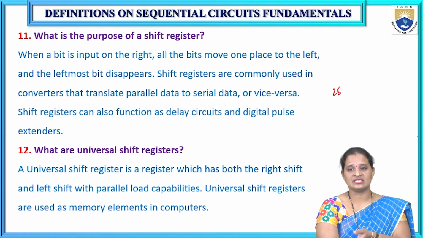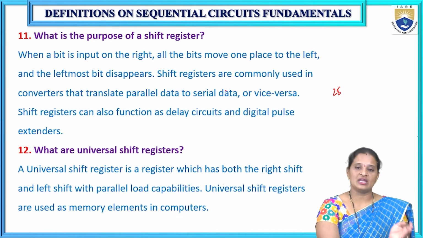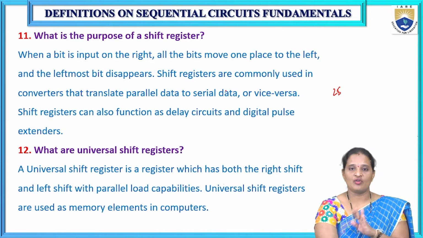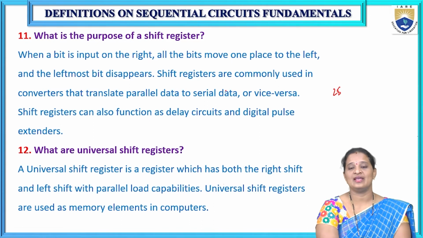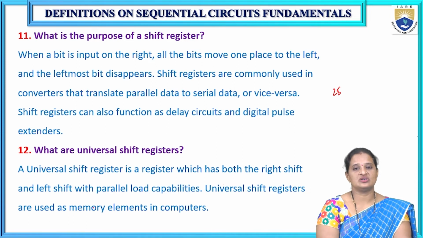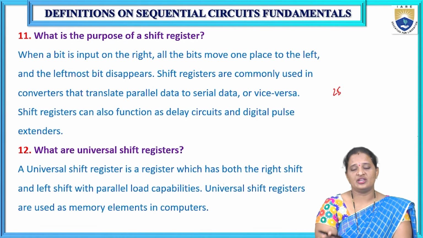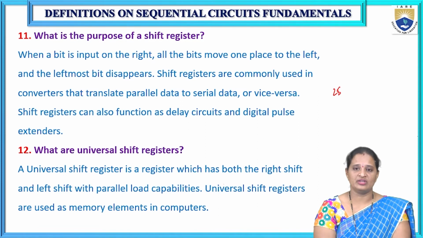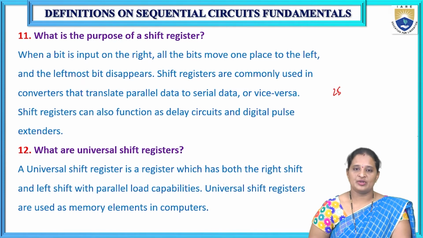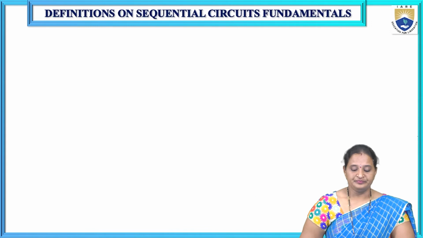It can load the data serially or parallelly, and it can shift the data either to the left or to the right, and hence we call it a universal shift register. Universal shift registers are used as memory elements in computers. Majorly in computers we have memory units, right? So all these universal shift registers are used as memory units in the computer.